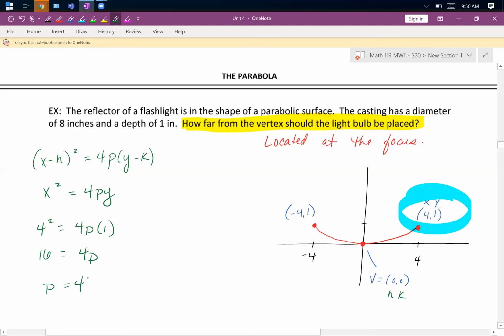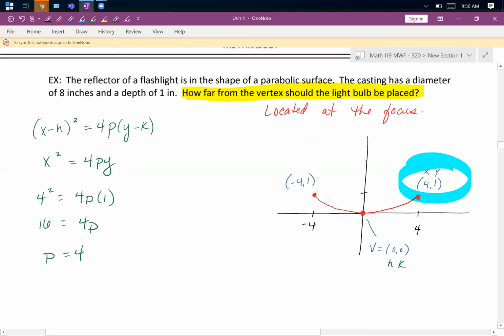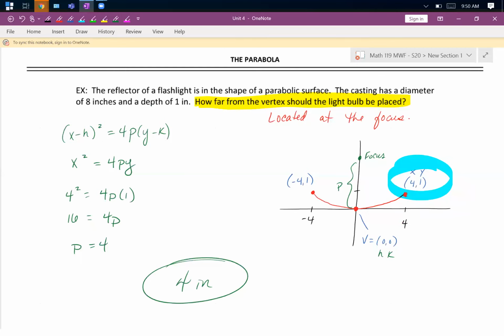So p equals 4. We know that our focus is p units away. And the light bulb should be placed at the focus. So how far from the vertex should the light bulb be placed? 4 inches. Questions at all?